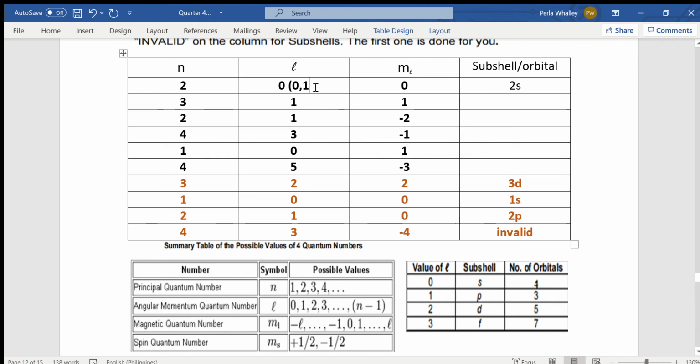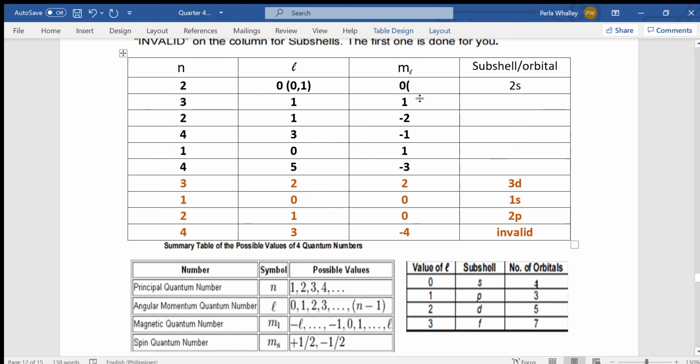So what was given here is that the value of L is 0. Could L be 0? Yes, it could be 0 because L could be 0 or 1. How about M sub L? Could it be 0? Remember, M sub L will just follow L. The ending here is 1. So M sub L could be what?